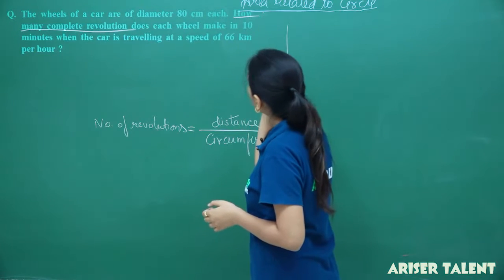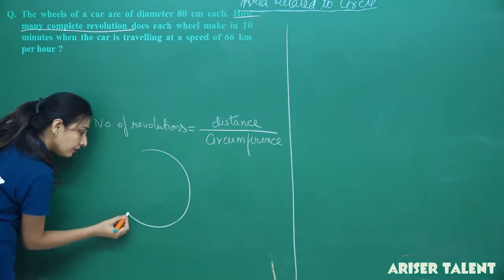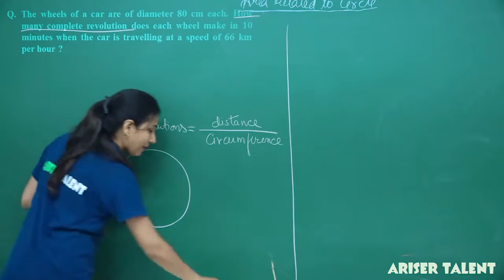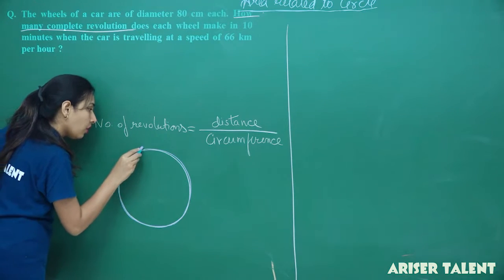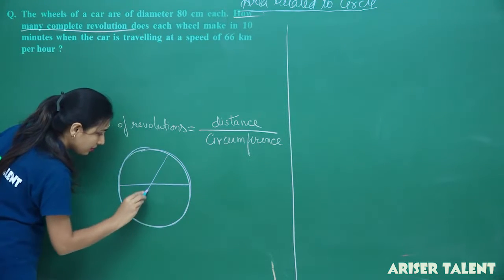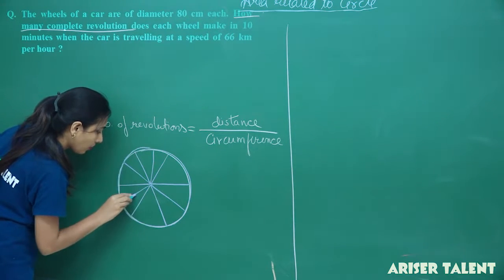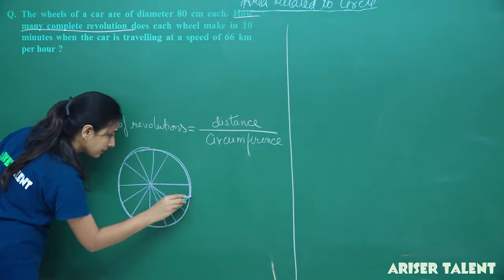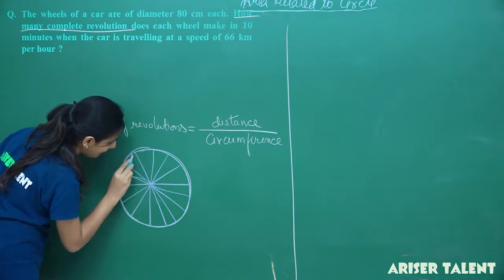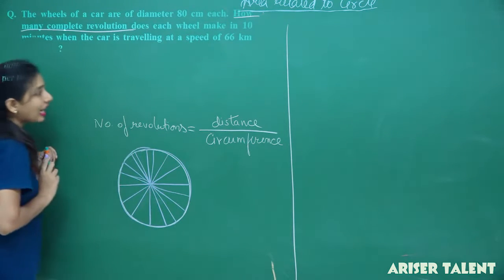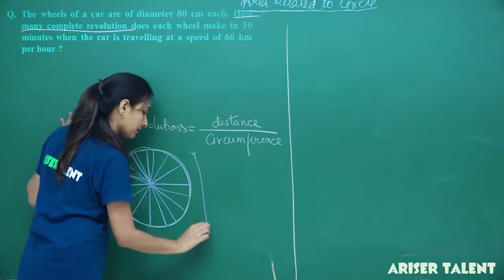of diameter 80 centimeters. So I have a wheel here, a beautiful purple color wheel. Other than beauty, it has a diameter, students. So what is the diameter of this wheel? Nothing but 80 centimeters.